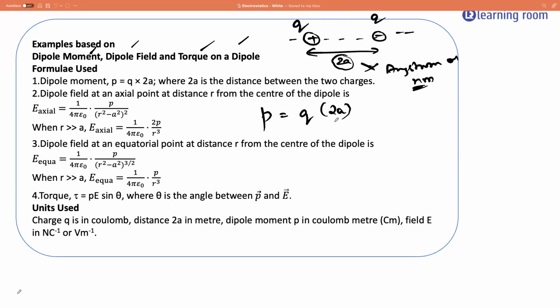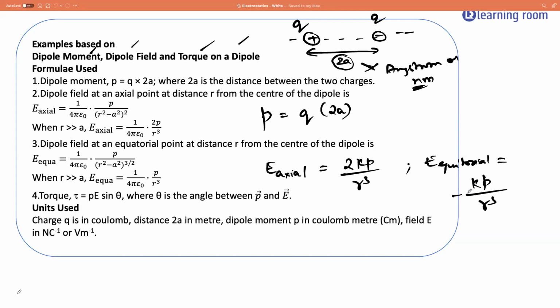Now, if I calculate the electric field at an axial point, what is going to be the value? 2kp divided by r cube. What about the electric field at the equatorial point? Minus kp by r cube. Why is that minus sign coming?